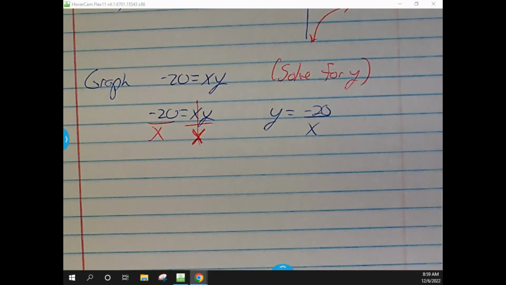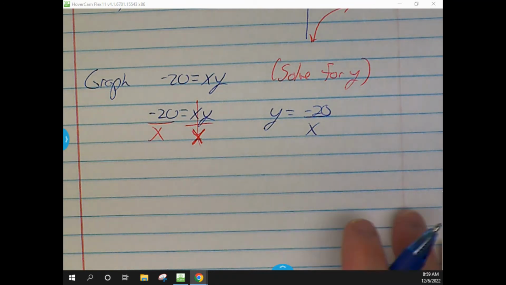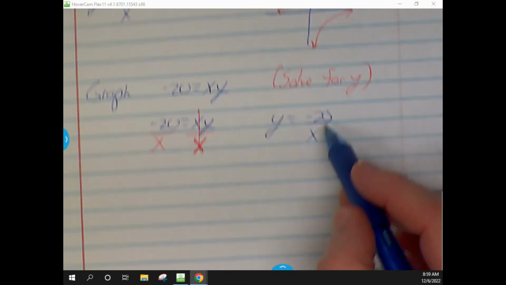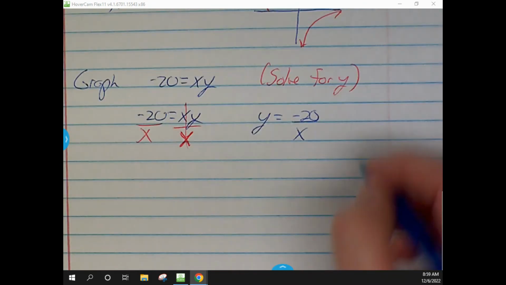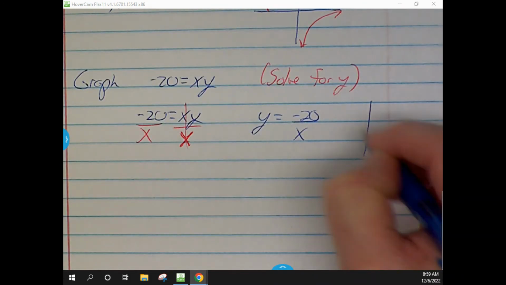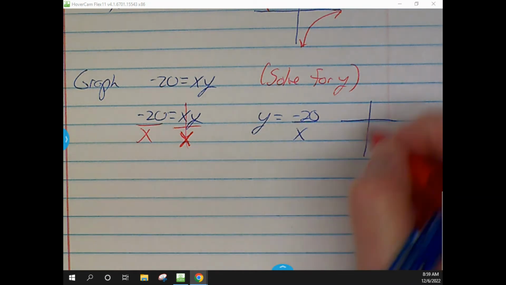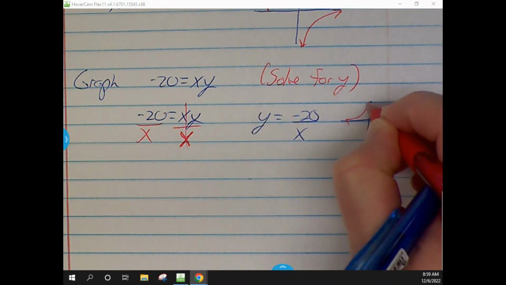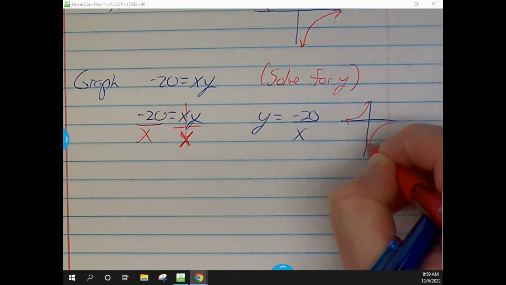Okay, so y is equal to negative 20 over x. And once you get it here, again, this is where it's multiple choice, that if that k value is negative 20, you know the graph has to look like that. So that's where we can just do a quick sketch of a graph. So it looks something like that.